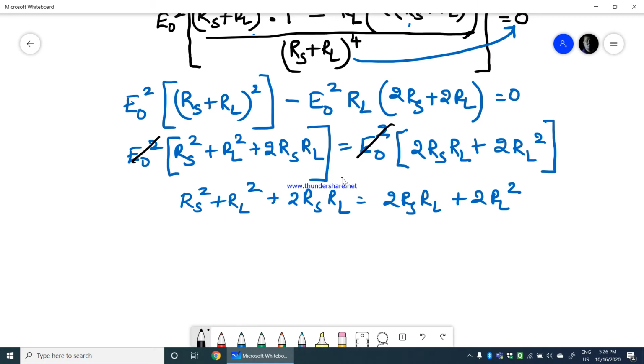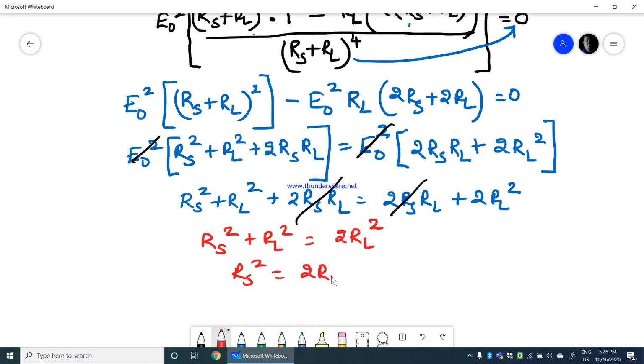Again, this 2 times RS RL and 2 times RS RL, they both get cancelled. So at the end we are left with RS square plus RL square equals 2 times RL square. So RS square equals 2 times RL square minus RL square. Therefore, RS square equals RL square.